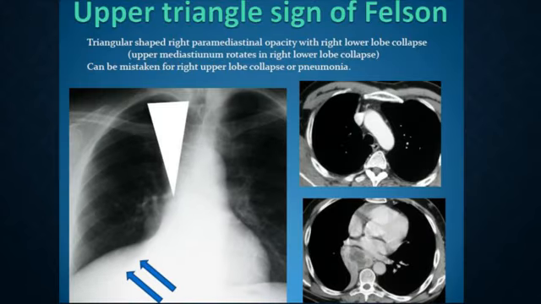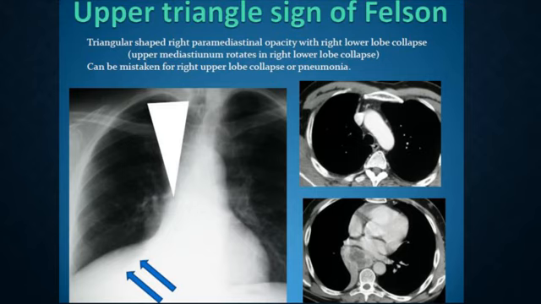This is a triangular shaped right paramediastinal opacity seen in right lower lobe collapse. It is upper, but seen in the right lower lobe collapse, okay? Because the upper mediastinum will rotate in cases of right lower lobe collapse, it can be mistaken for right upper lobe collapse or pneumonia.